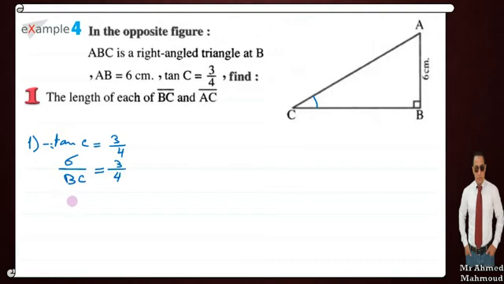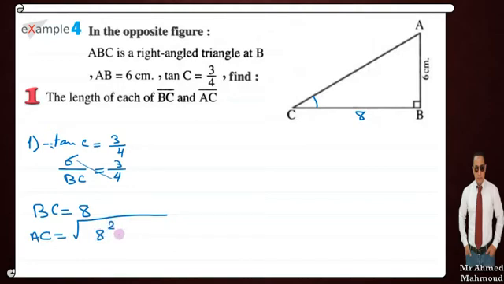BC equals 6 times 4 over 3, 24 over 3 equals 8. BC equals 8. And to find AC, I will use the Pythagorean Theorem.